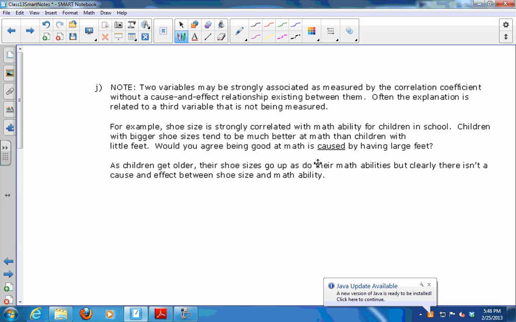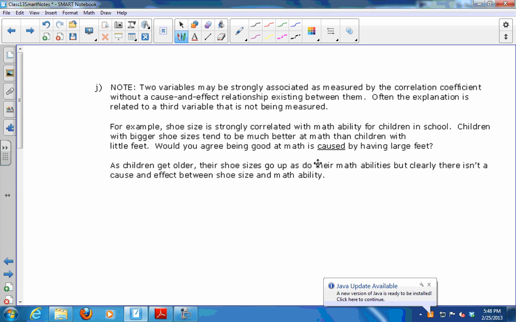So if you think about the weight of a sports car and miles per gallon, that probably does have a cause and effect relationship. The more it weighs, the more fuel it takes to move it, because it's harder to move. So it does have a cause and effect relationship, but often there isn't one. For example, shoe size is strongly correlated with math ability for children in school.